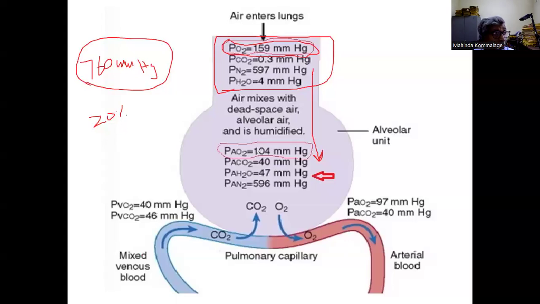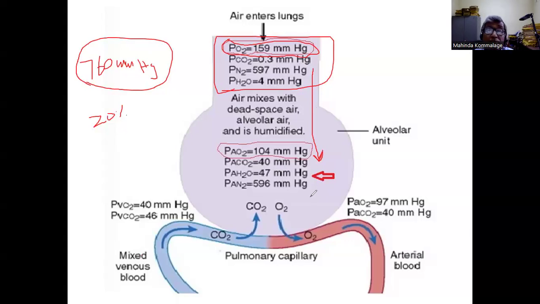Before it goes to the alveoli, the gas will also mix on the way, in the trachea, bronchi, bronchioles, where there is some air. That gas contains less oxygen. And of course, some gas in the residual volume contains low oxygen. So the gas coming from outside will mix with that gas. That is one thing.